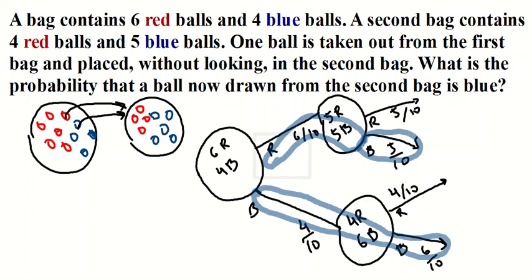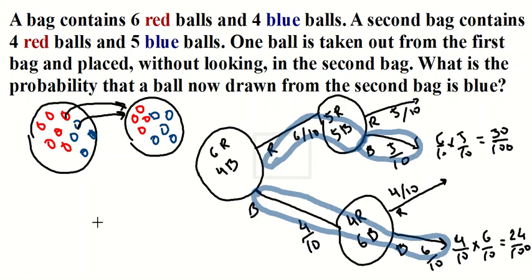So what we can do is we can just multiply 6 by 10 multiplied by 5 by 10. We have 30 by 100. And similarly from this area we have 4 by 10 multiplied by 6 by 10, and we have 24 by 100.